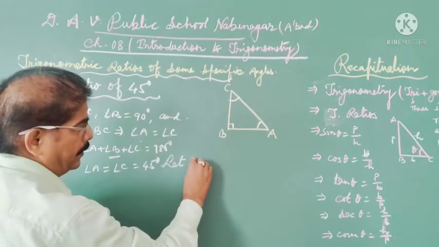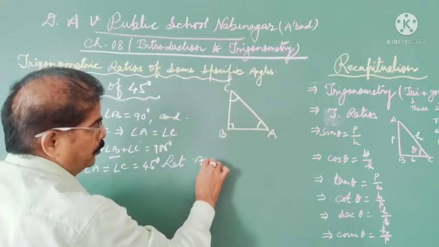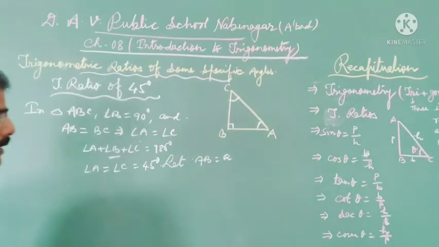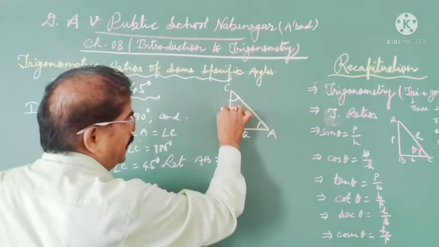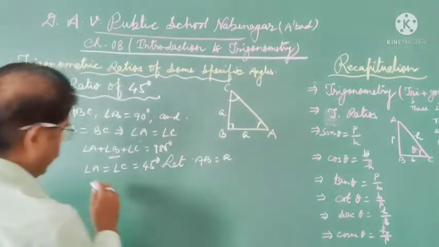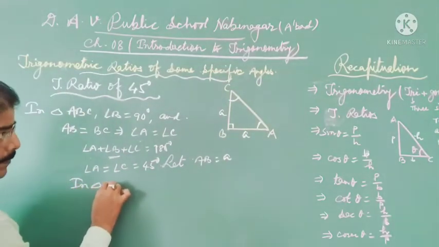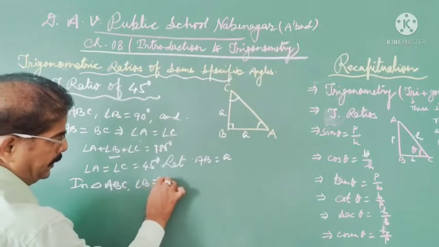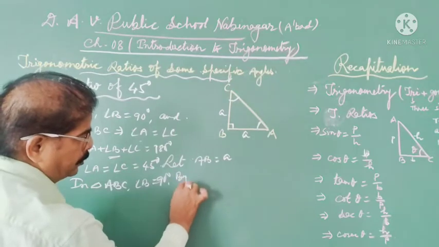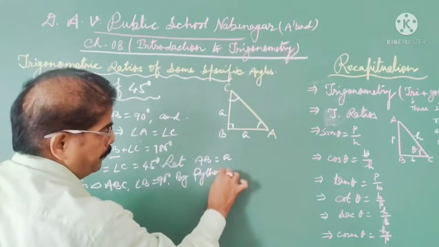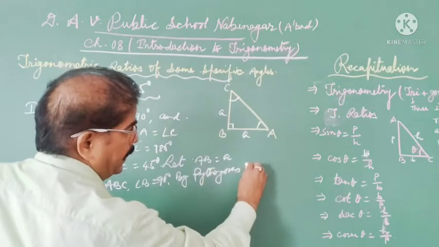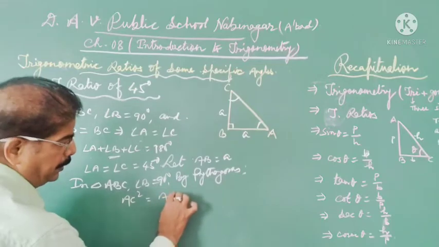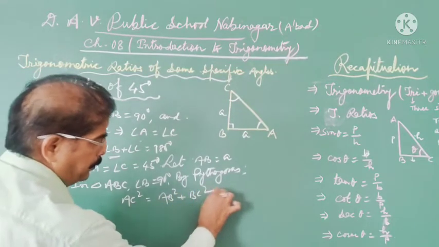Let AB equal to a. Then AB equal to a, so also BC equal to a. So in triangle ABC, with B 90 degree, by Pythagoras, AC square equal to AB square plus BC square.